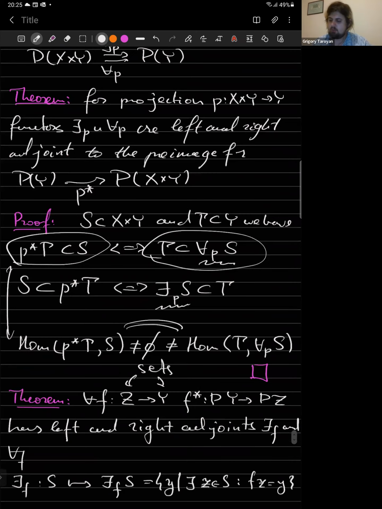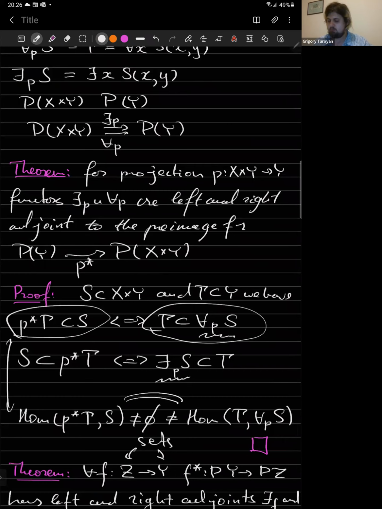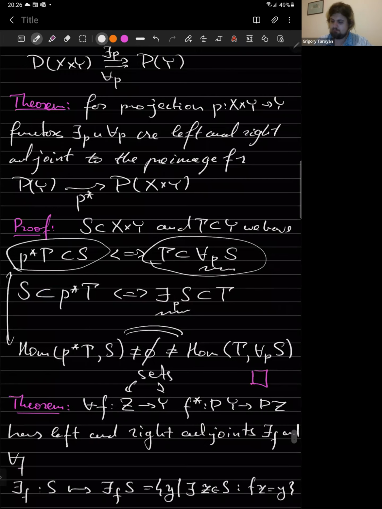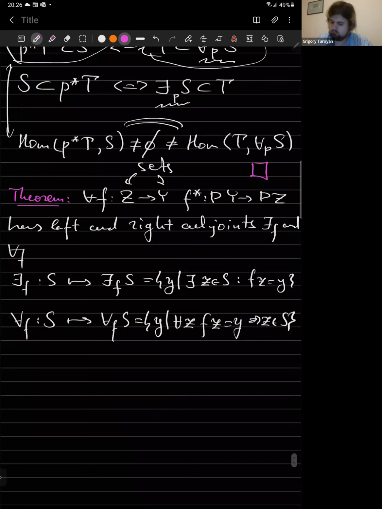We also write down similar equalities. We just replace p by f, and we get the desired adjunction. Okay.